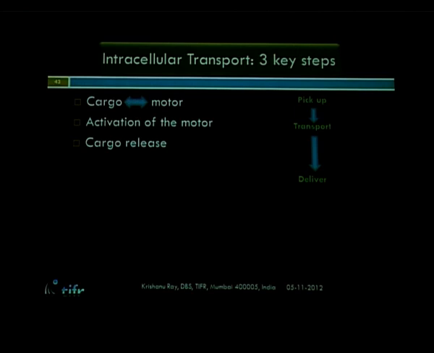There is no fixed pickup point at which the motor seems to bind the cargo, and there are no defined lengths of runs that the motor has to go through. It seems quite random that a cargo can move for a certain distance, and for different cargoes the distances they move are quite diverse.